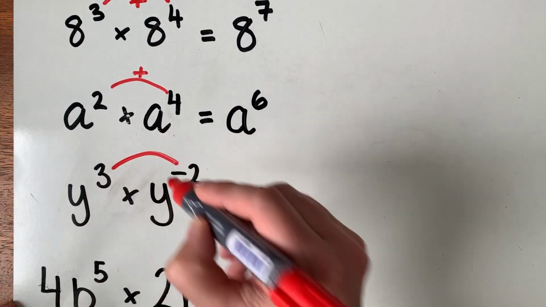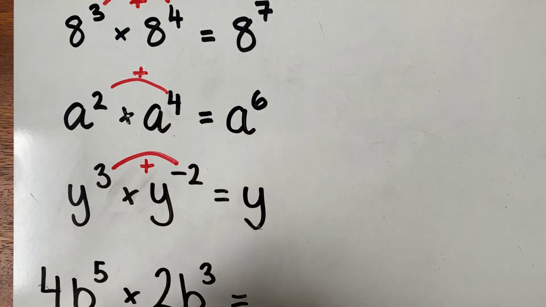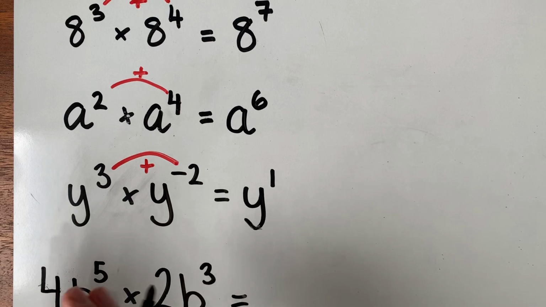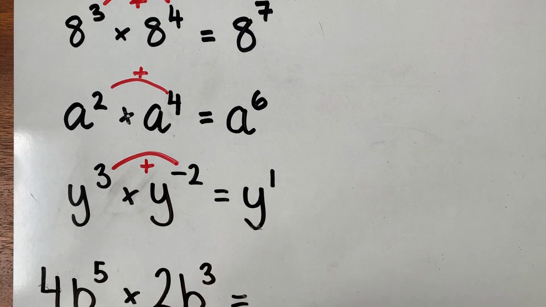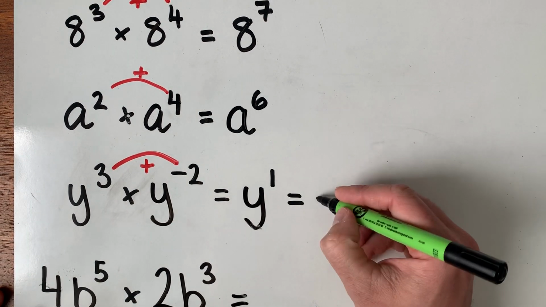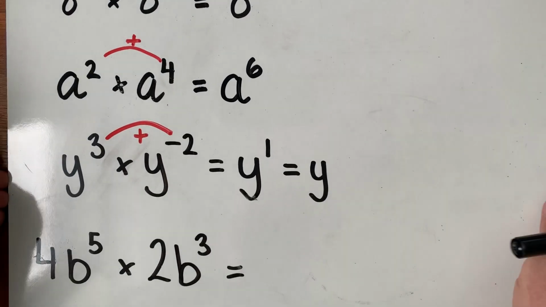We've got 3 of them multiplied by -2, or actually, sorry, in terms of the rule, we're adding. And so we end up with 3 plus -2, remember, is like a subtraction of that 2, which gives me y to the power of 1. I mentioned earlier that we actually don't write y to the power of 1, so the answer to this one would just be y.